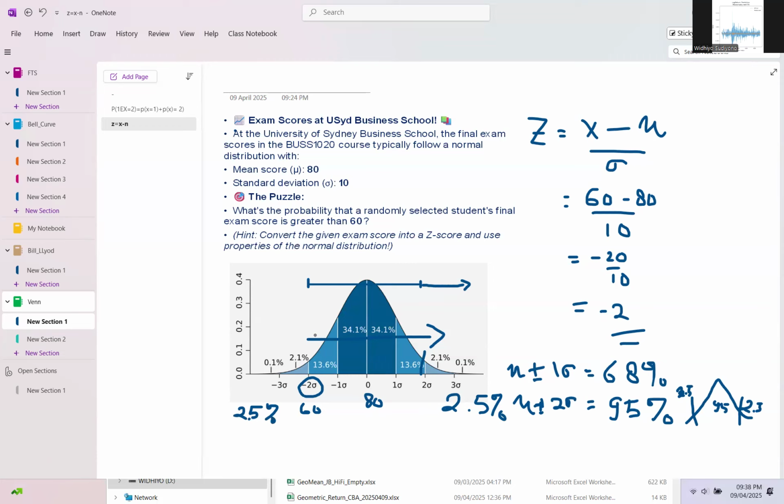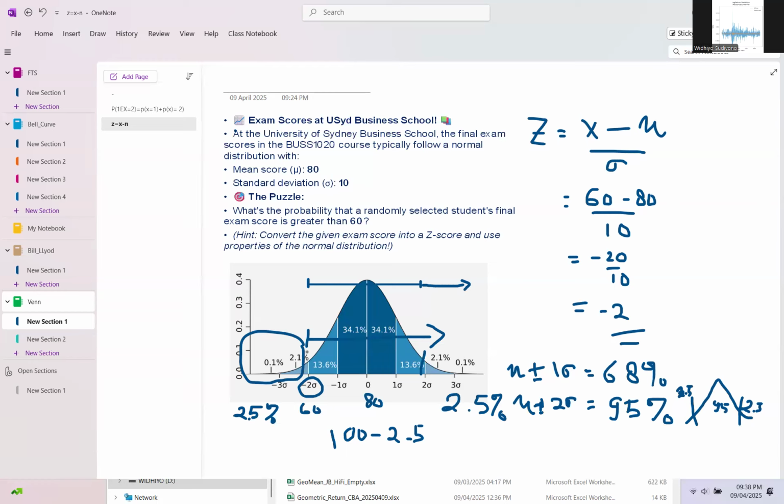So in here, since we want to calculate from minus 2 sigma, or Z equal to minus 2, until infinity, it means that it should be 100% minus 2.5%, which is this part. We left this one behind.